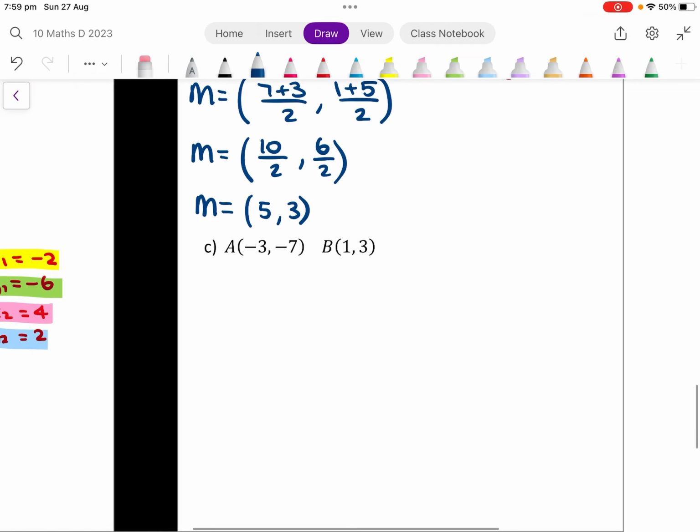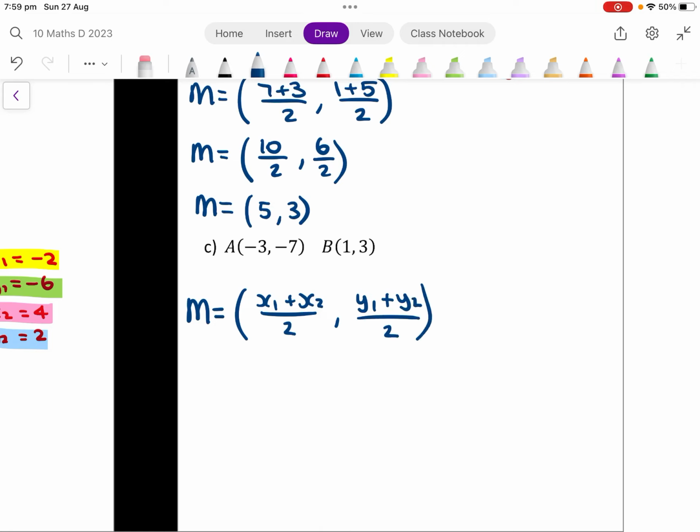For C, we have our formula or our rule. M equals x1 plus x2 over 2 and y1 plus y2 over 2. We have the points x1, y1, x2, y2. x1 equals negative 3, y1 equals negative 7, x2 equals 1, y2 equals 3. We're going to now substitute in.